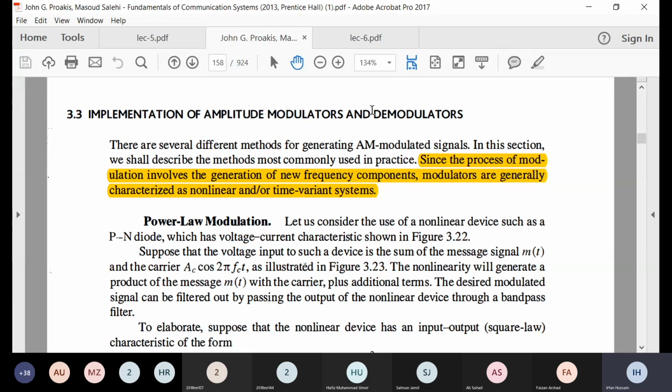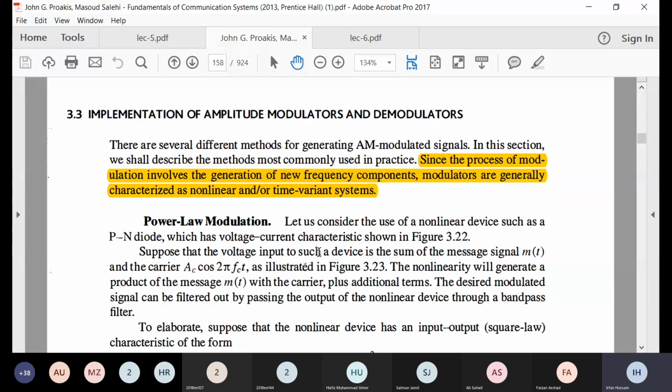Now remember here in AM, you are shifting the frequency of the signal from a low pass to a band pass signal. This means you are generating new frequency components, and this means that the modulators are in general non-linear, because you are shifting them to new frequencies.